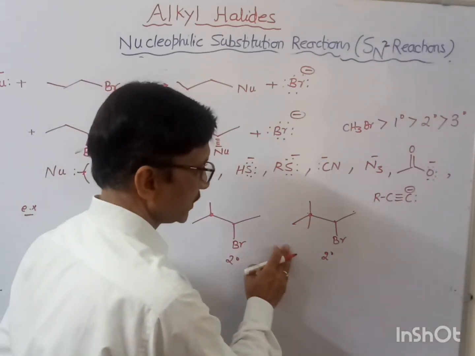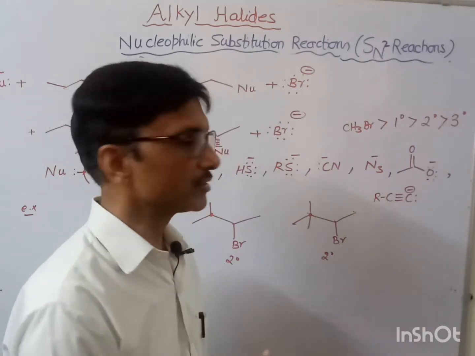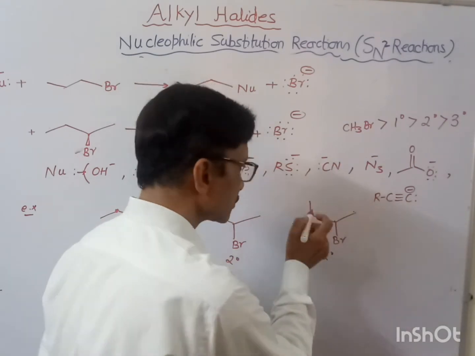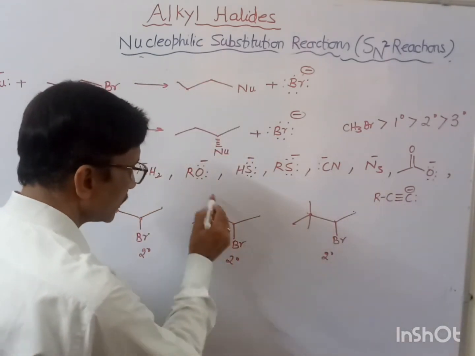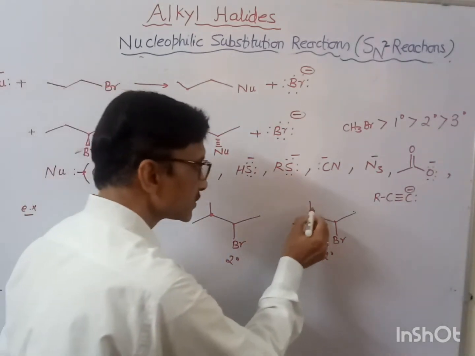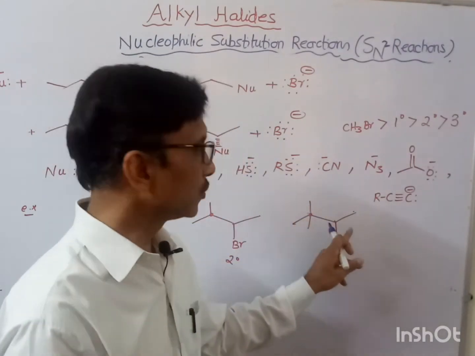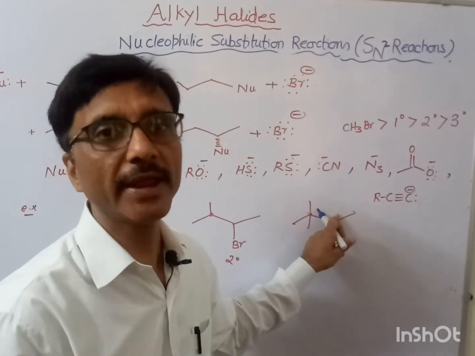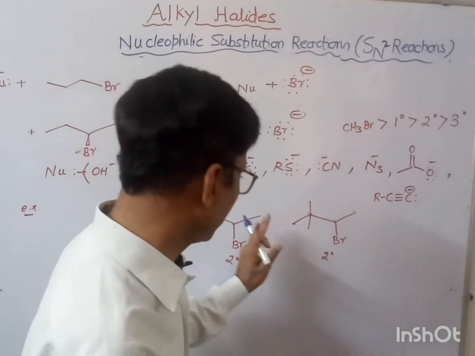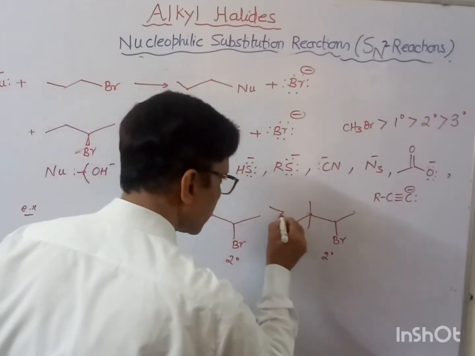In this case, this substrate molecule is more sterically hindered, due to the presence of this bulky tertiary butyl group. Here this tertiary butyl group is present, here an isopropyl group is present, here simply the methyl group is present. So due to the presence of the tertiary butyl group, the attack of the nucleophile over this carbon center will be hindered. So this will give slow nucleophilic substitution in comparison to this and this. So the rate of nucleophilic substitution reaction will be something like this.